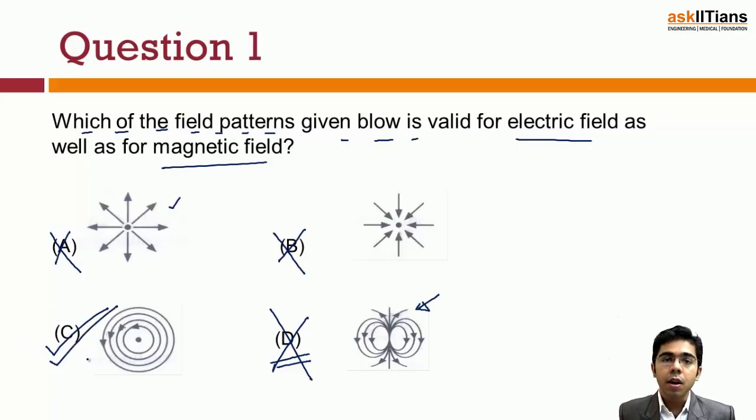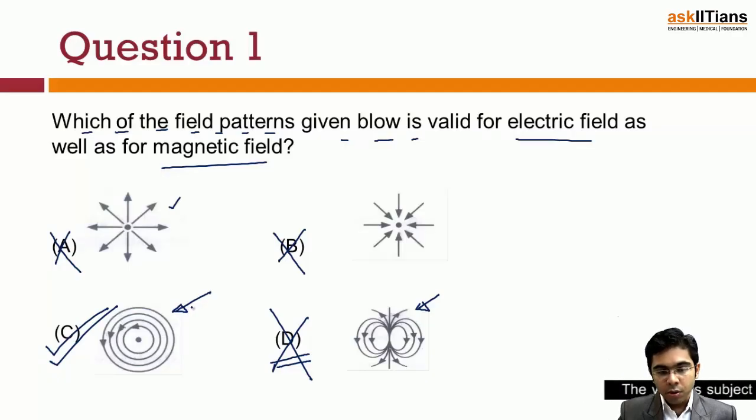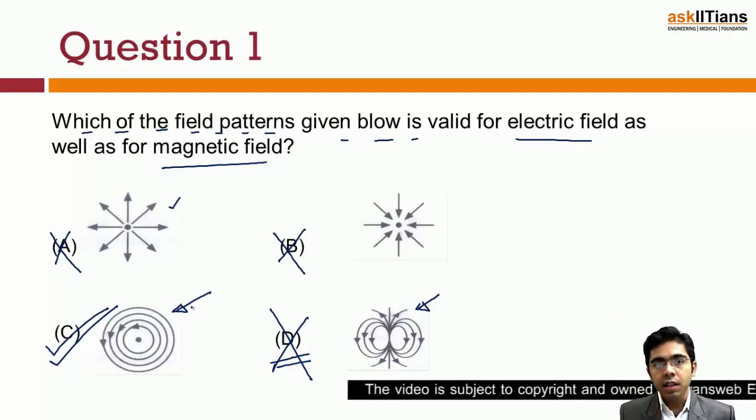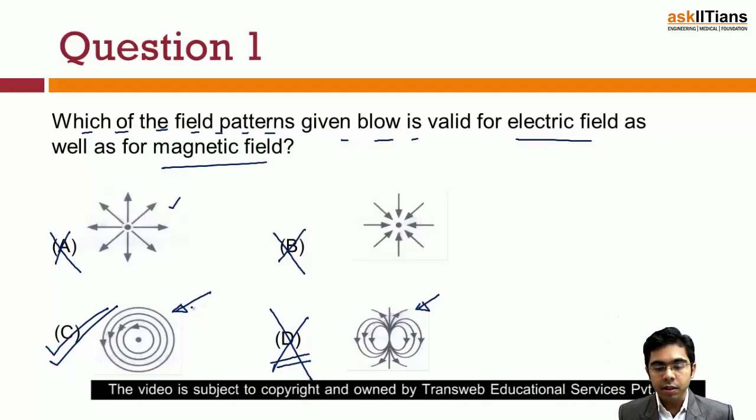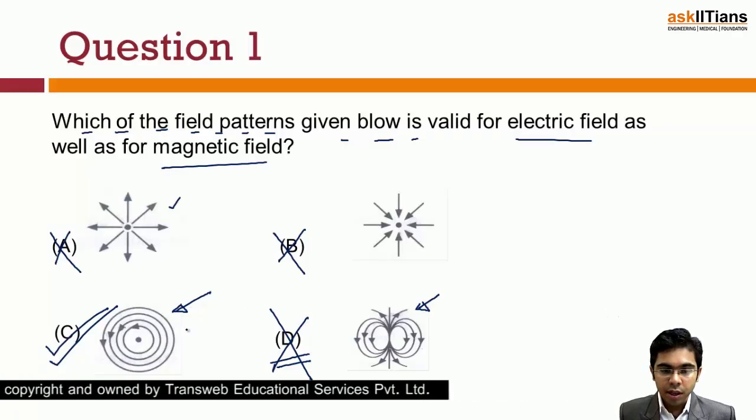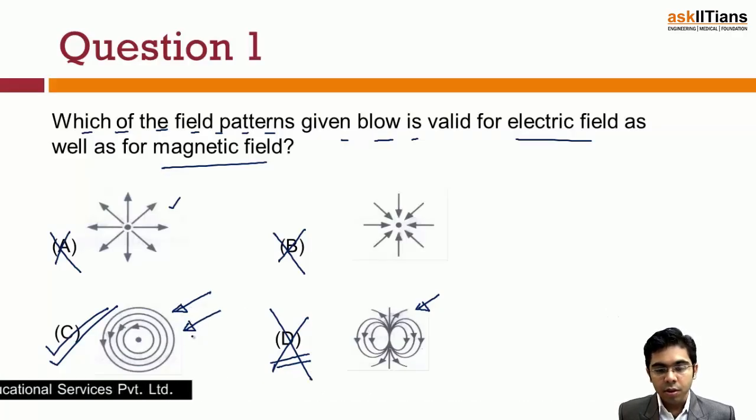From now on remember this thing, that this shows the induced electric and magnetic field. These field lines are for the induced electric field and magnetic field lines. So when you have a changing electric field it produces a magnetic field and vice versa. So this shows your induced electric field lines, and both these are closed lines.